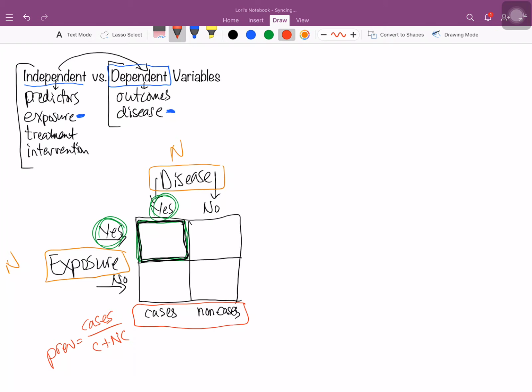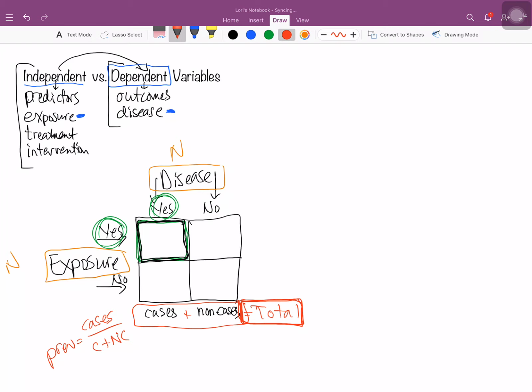So that's our prevalence. Now, so this bottom part, the cases plus non-cases, could be called our total. So here we have cases plus non-cases equals our total. And in fact, over here in this little cell, right about here, is usually where we have what I call the total number of people in that particular study.